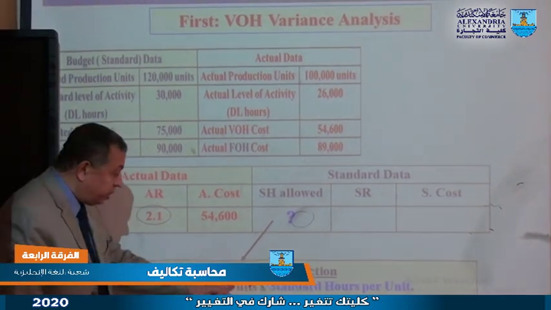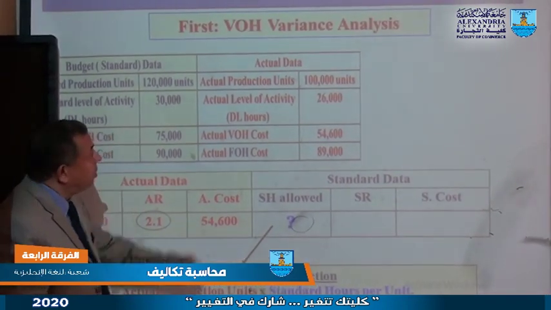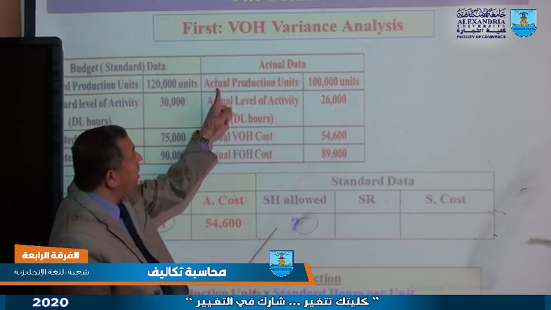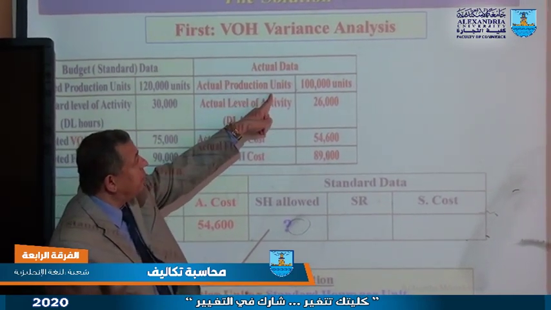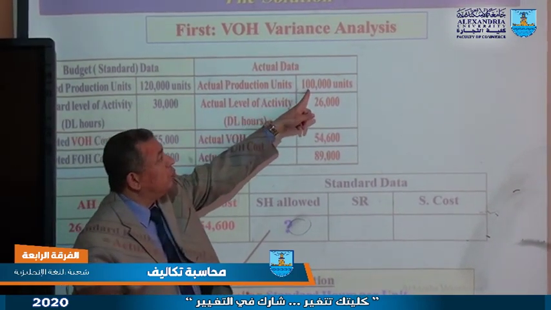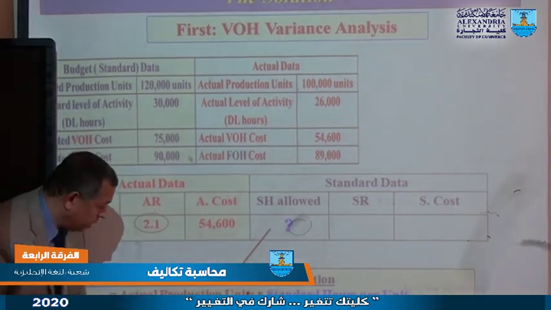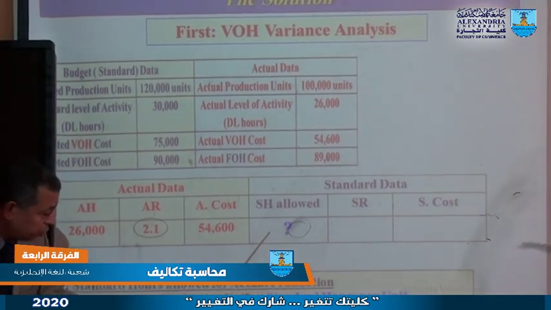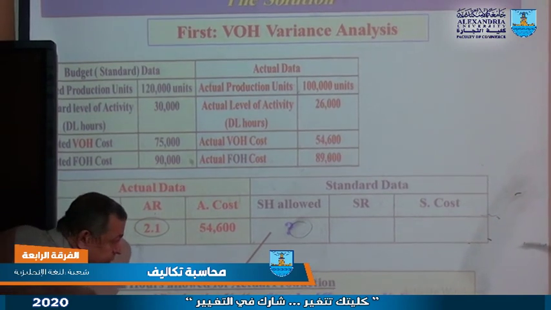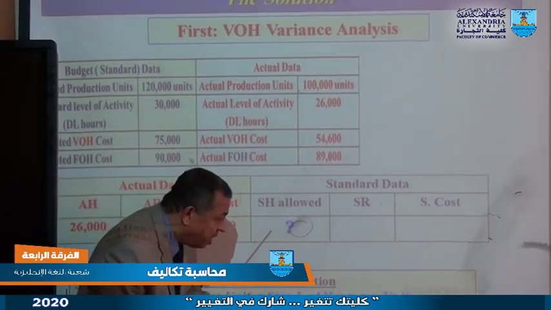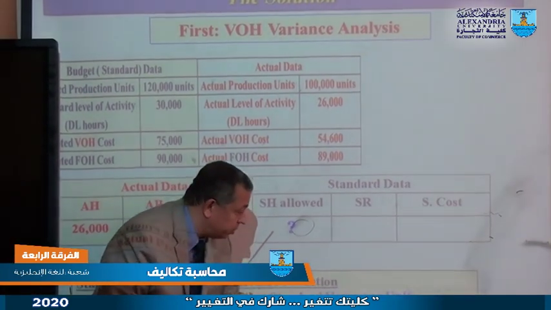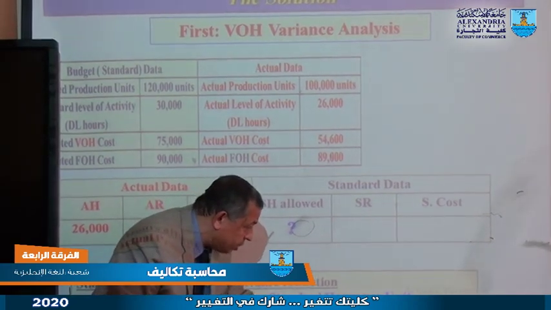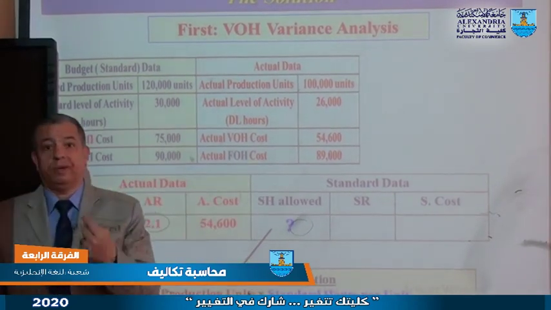Actual production units. Here I have actual. Actual production units, it's given: 100,000 units. Times what? Standard hours per unit.